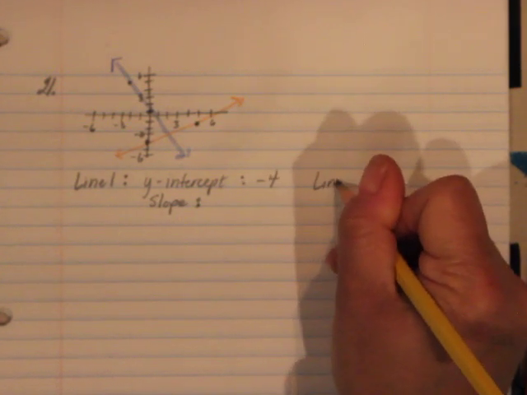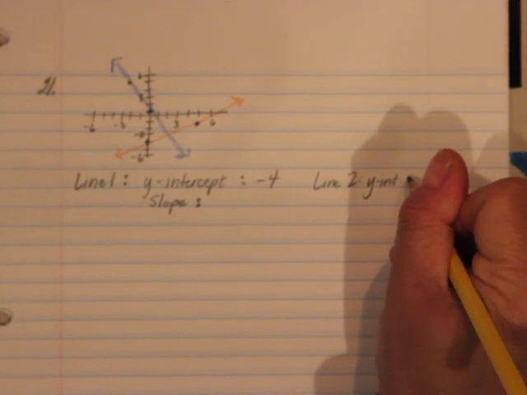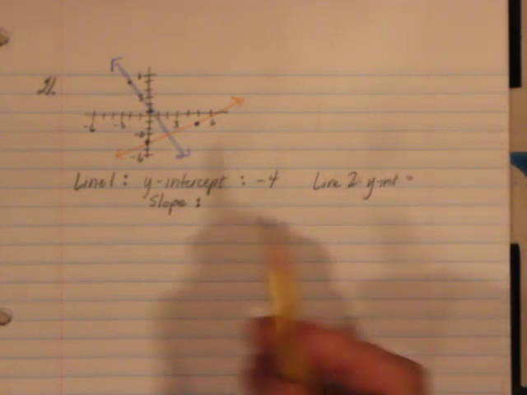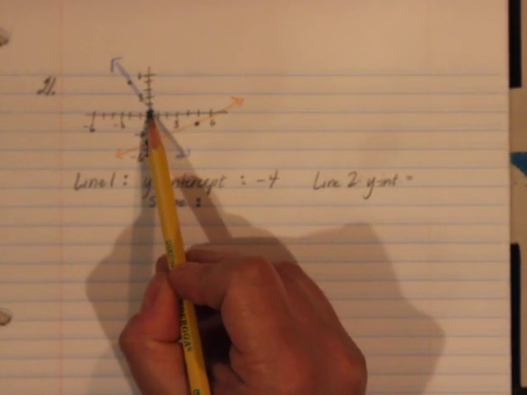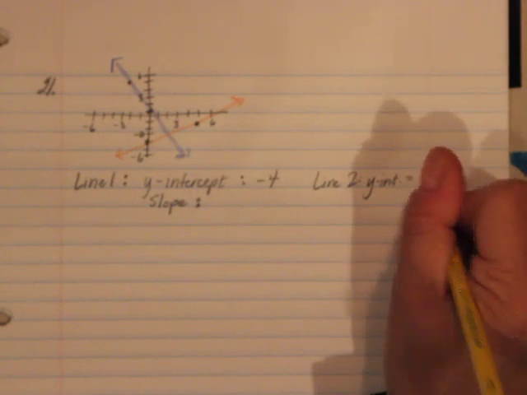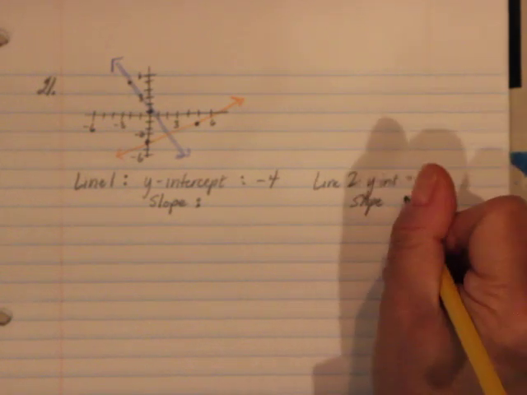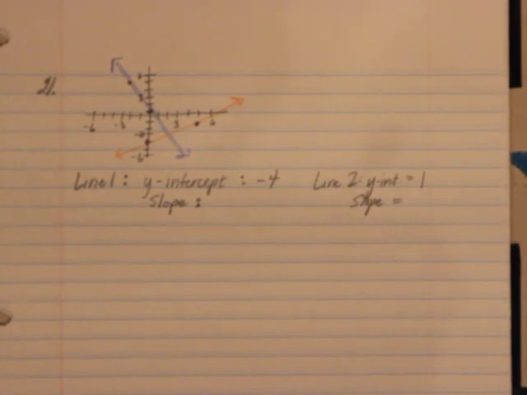Line 2, this one passed through the y-intercept at 1, and so now I need to determine the slope for this one as well.